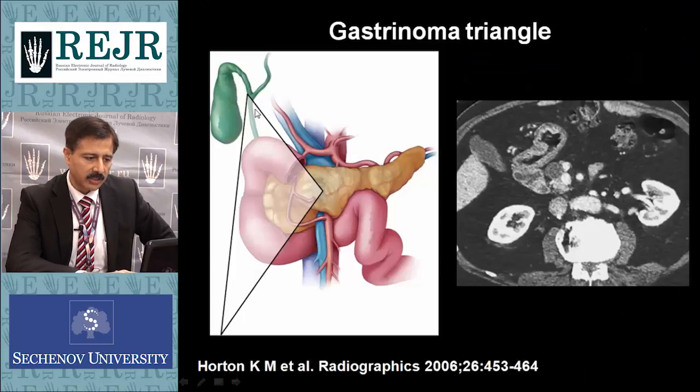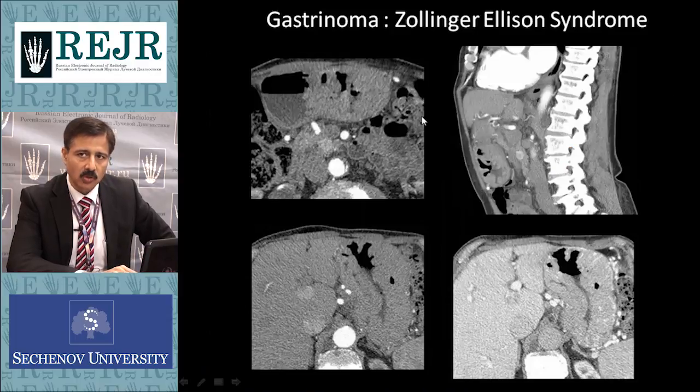So this picture tells you the gastrinoma triangle, and indirectly it tells you that the lesion can be within the pancreas, it can be within the pancreatoduodenal groove, it can be within the duodenum or outside in all of this territory. This is a case of Zollinger-Ellison syndrome, and if you see here, there is an enhancing lesion at the head of the pancreas.